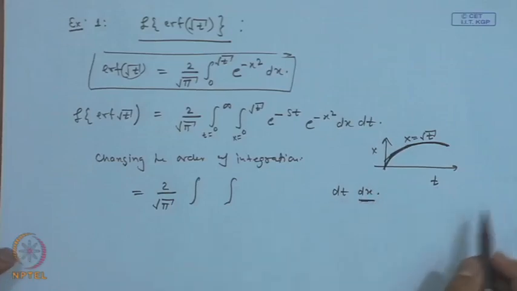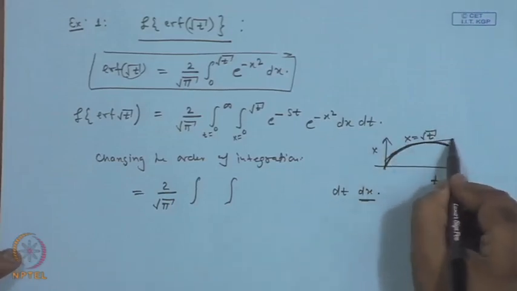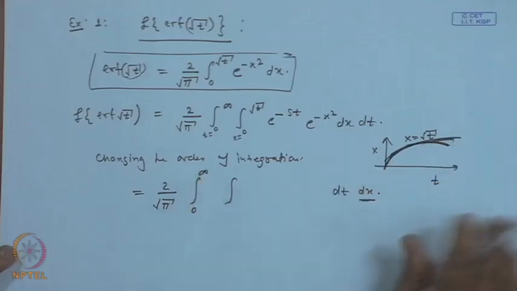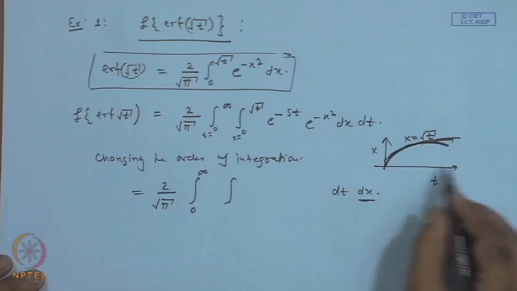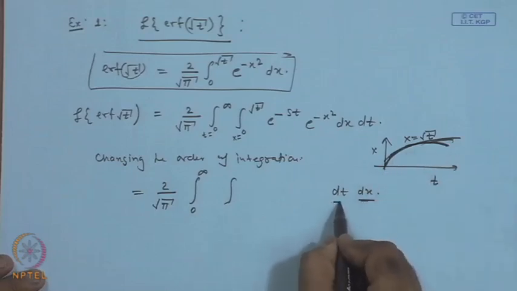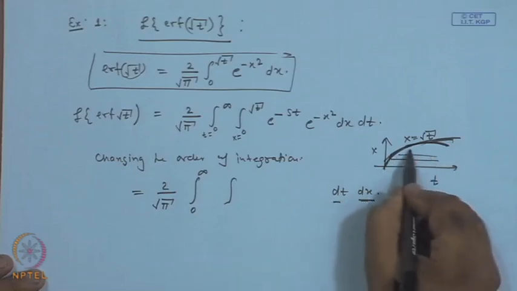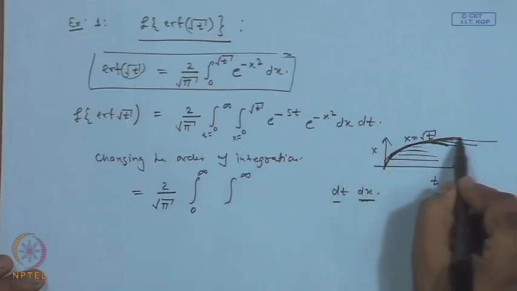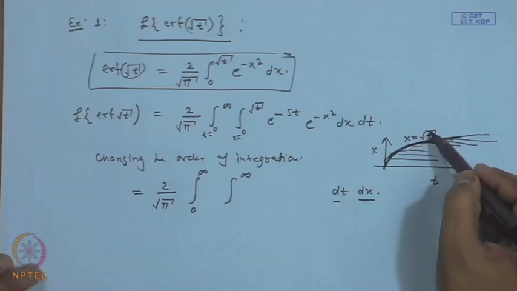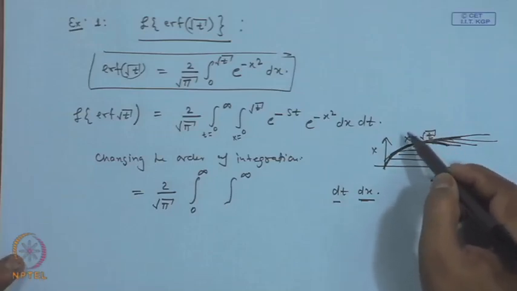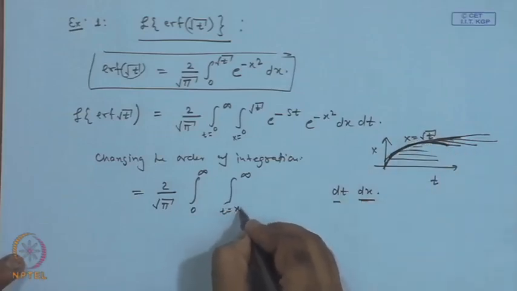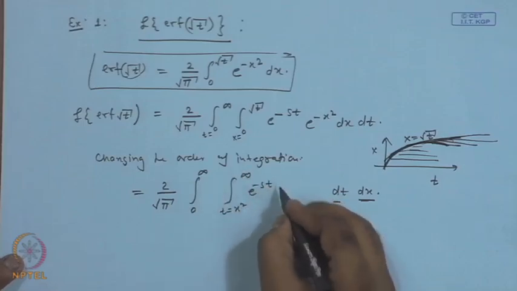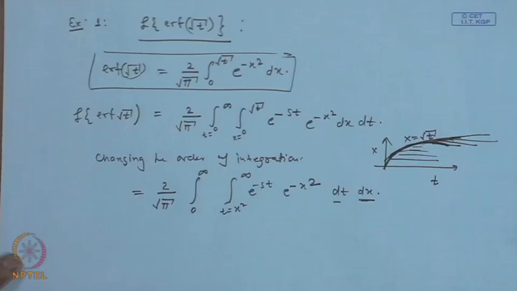Let us fix the limits for x: it goes from 0 to infinity. For t, from this curve to infinity, the lower limit is x square. So, the limits go from x square to infinity for t, and we have e power minus s t and e power minus x square.